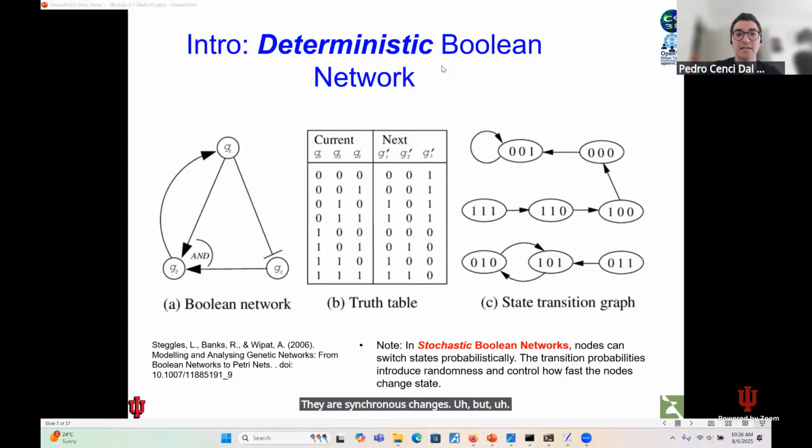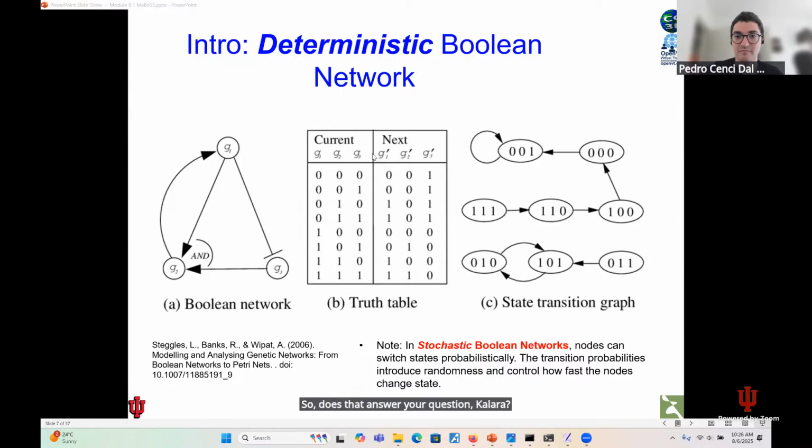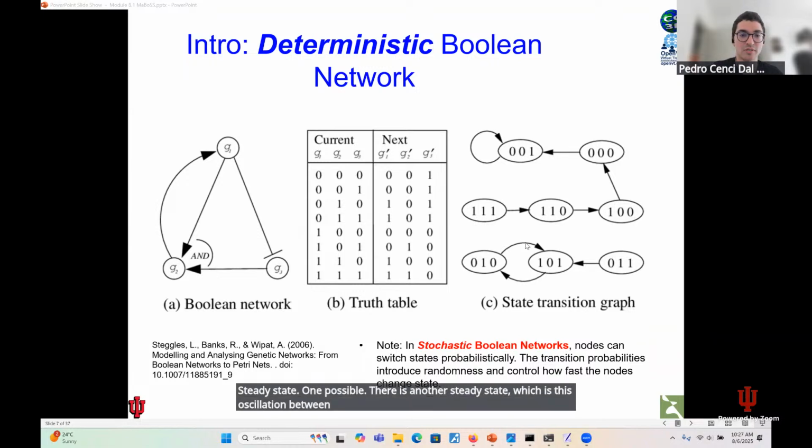But here, they are represented in the table as G1, G2, and G3, as you can see in the top of the table. So yes, 0, 0, 1 is a steady state, as Savani asks. Yes, 0, 0, 1 is one possible steady state. There is another steady state, which is this oscillation between 0, 1, 0 and 1, 0, 1.